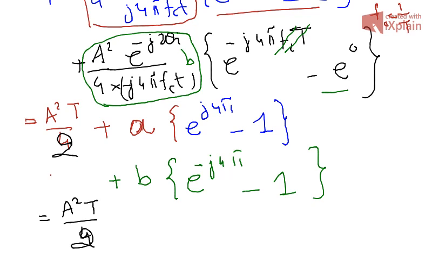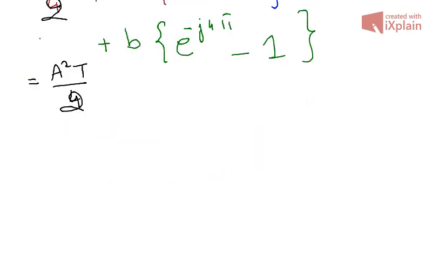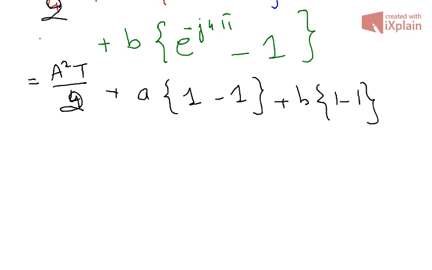And here, e raised to the power jπ, if you see e raised to the power jπ, it is plus A times e raised to the power jπ. e raised to the power j4π is 1, so it is 1 minus 1. Similarly, B times 1 minus 1.